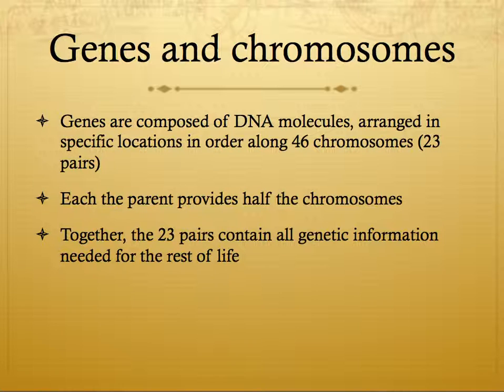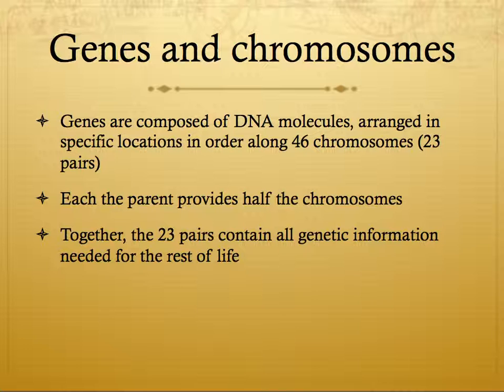So genes are responsible, in large part at least, for who we are, and they are made up of DNA molecules that are along, generally speaking, the vast majority of the time, 46 chromosomes, which are 23 pairs. You get half from your mother, half from your father. And when I say generally 46, there are some cases through spontaneous mutation that you can actually have more or less.